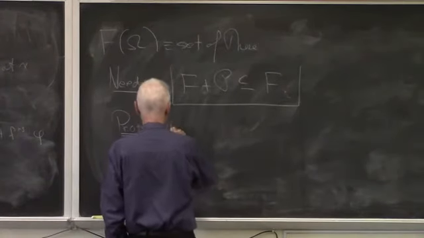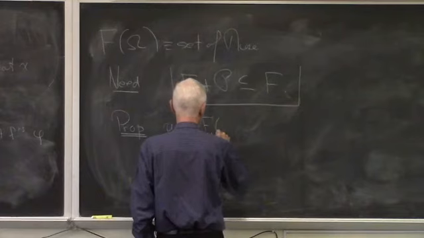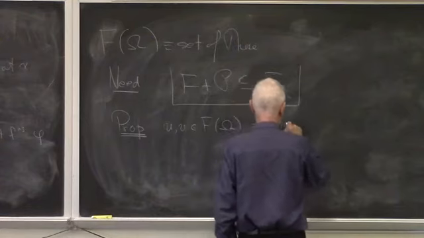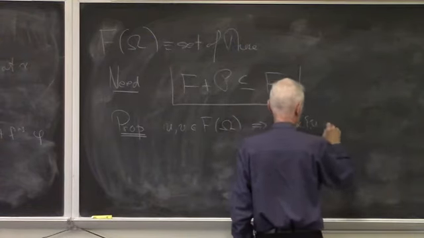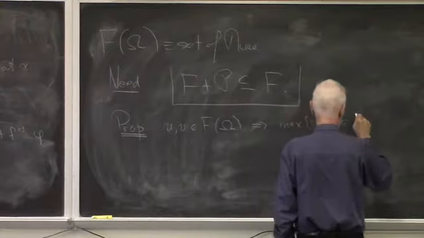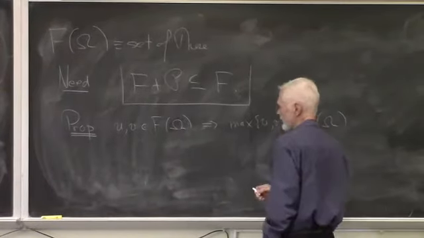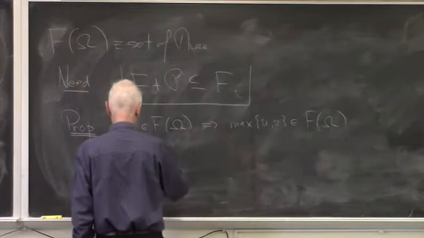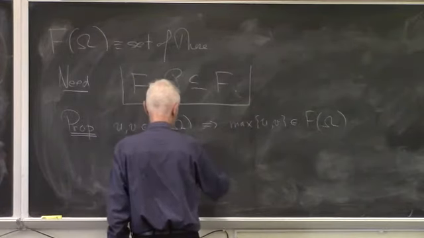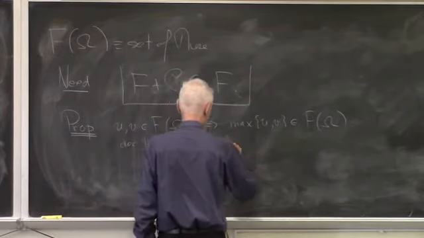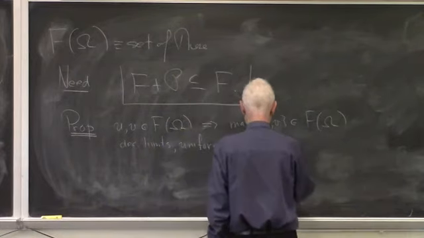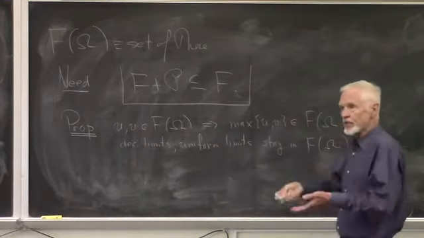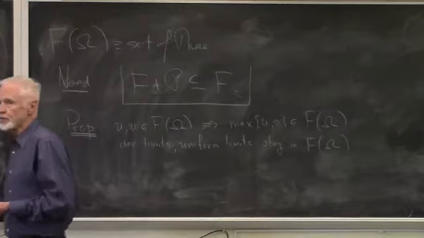In particular, if you take any two functions u and v which are F subharmonic, then the pointwise maximum of u and v is in F. It's also true that decreasing limits and uniform limits stay. It's closed under taking decreasing limits. It's closed under taking uniform limits.